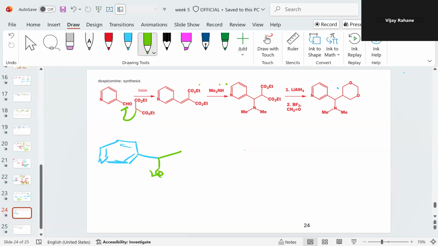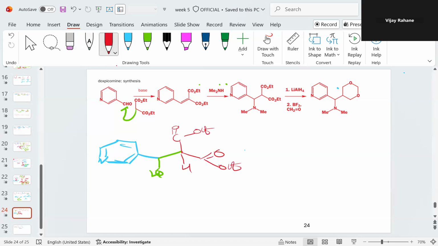And the alcohol with this C double bond O E T, and here again there will be another C double bond O E T. Now if you look here, there are two groups, one hydroxide and this group.